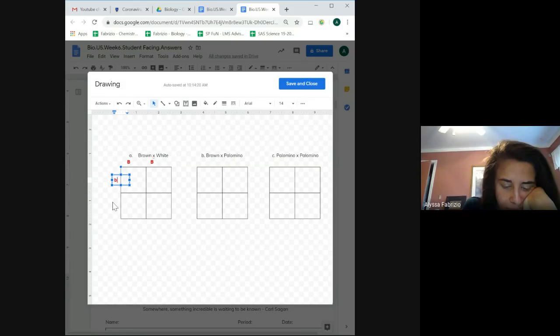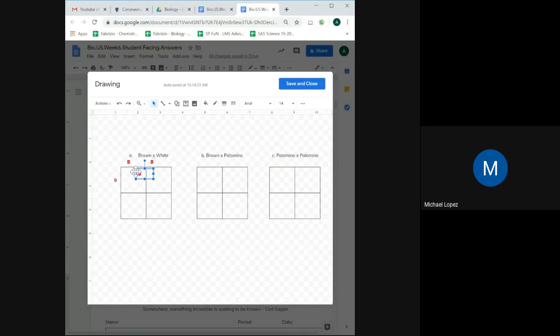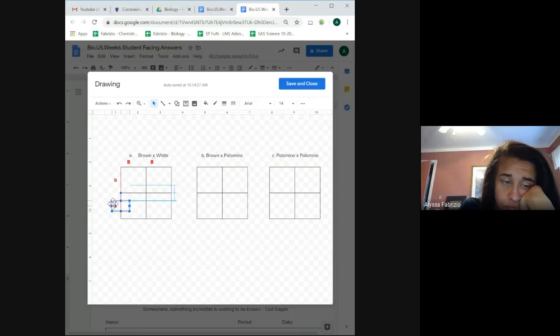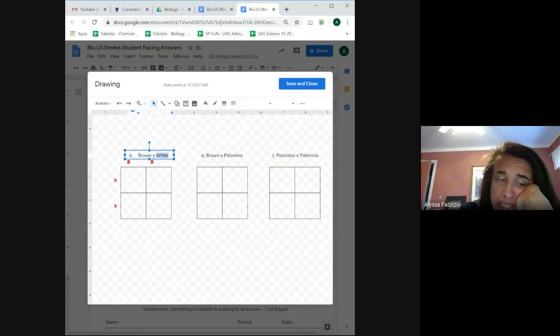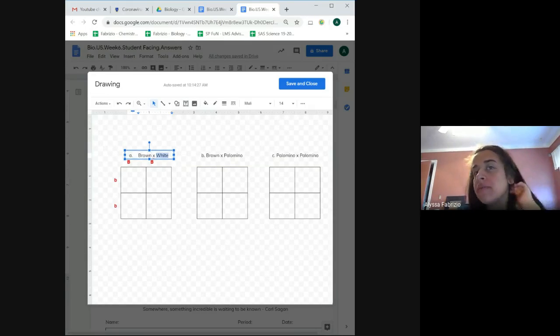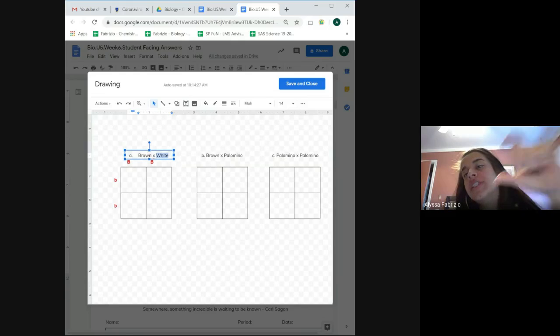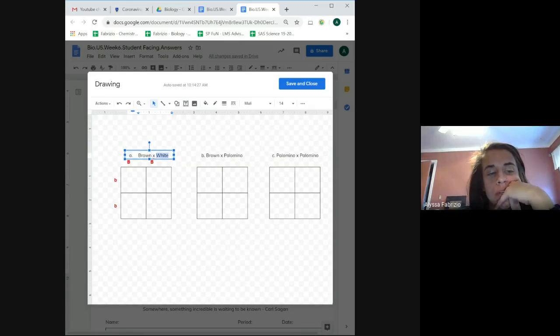For both or just one? Well, white is homozygous recessive, right? So when something's homozygous, they're going to have the same allele for each of their copies of it, right? They're going to be lowercase.